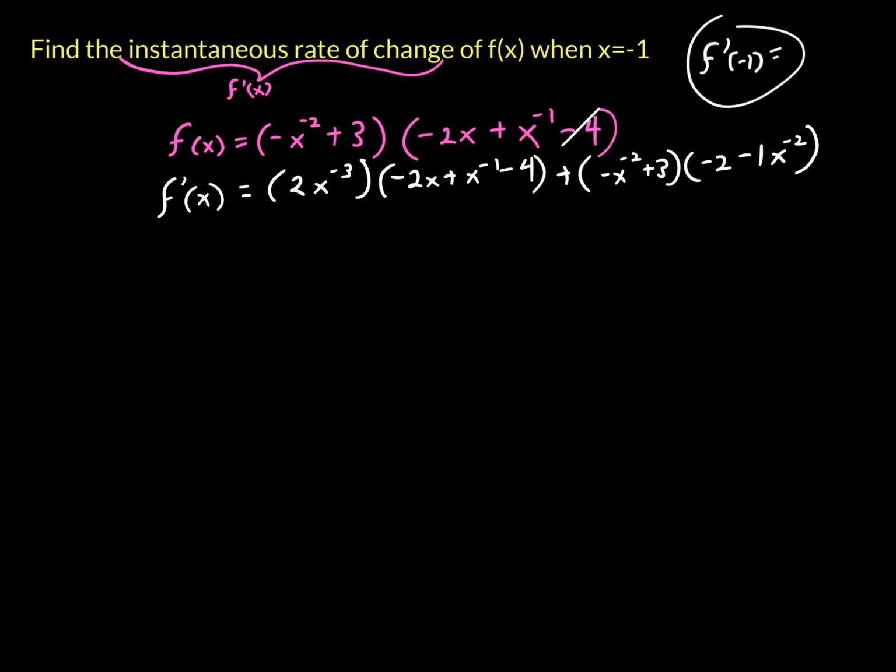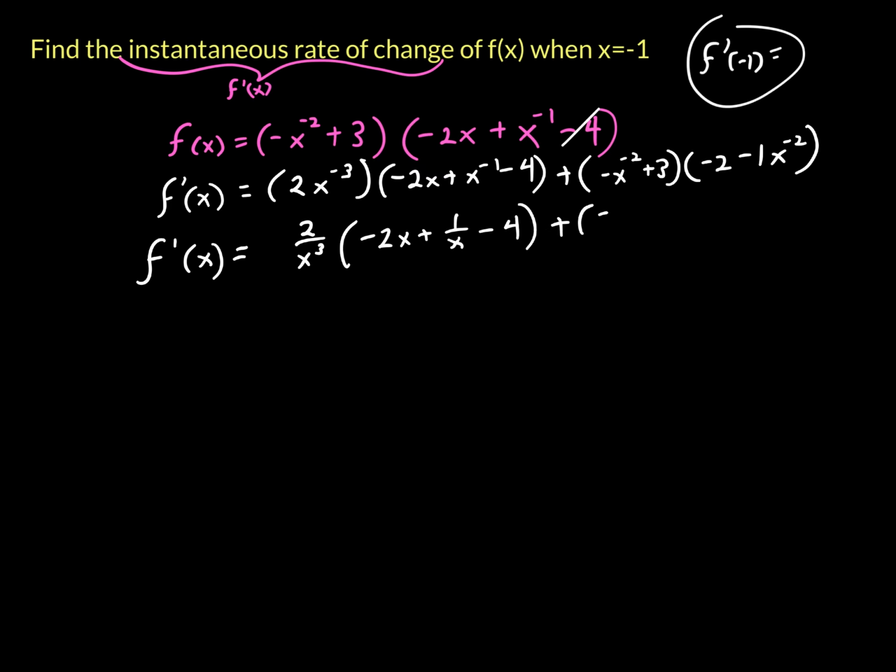But what if we were to evaluate this derivative when x is negative 1? Well, first, before I even think about plugging in a negative 1, I am going to write these as fractions, because even though you don't like fractions, it's easier to see what's going on here. This term right here is the same as 2 over x to the third. This is negative 2x plus 1 over x minus 4.